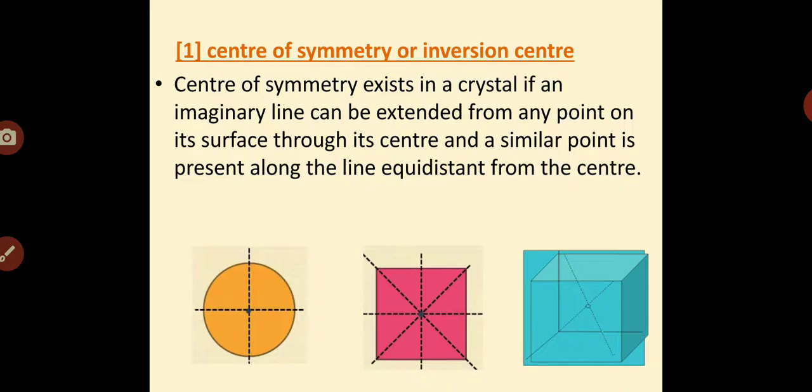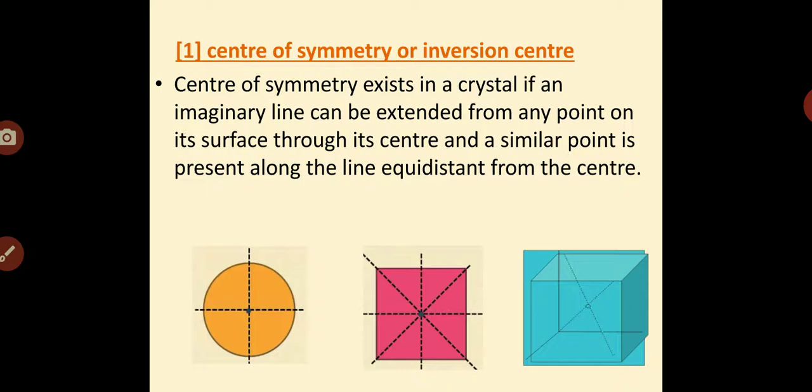A center of symmetry exists in a crystal if an imaginary line can be extended from any point on its surface through its center, and a similar point is present along the line equidistant from the center. See, here the first two pictures represent two-dimensional cases and the third one represents a three-dimensional case.